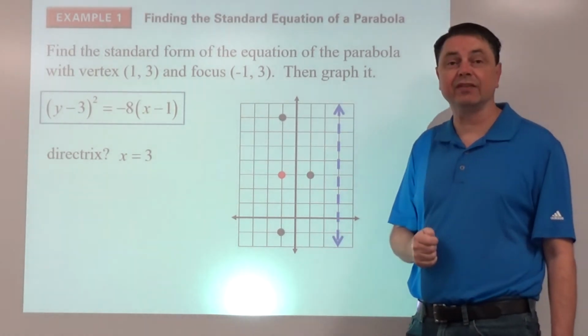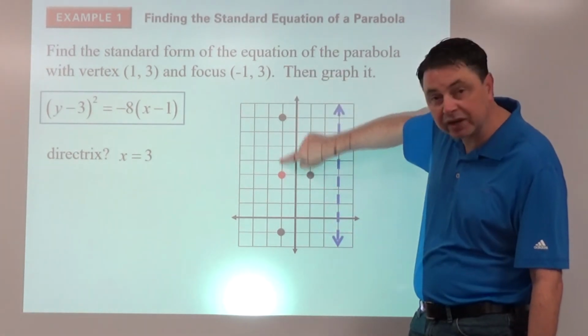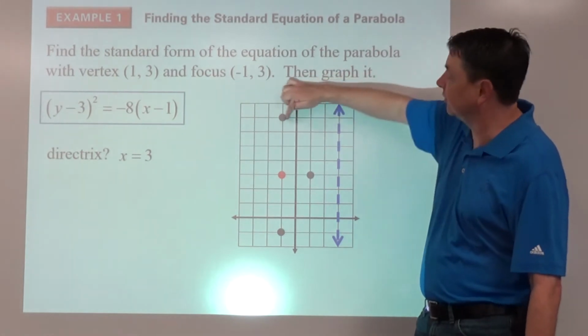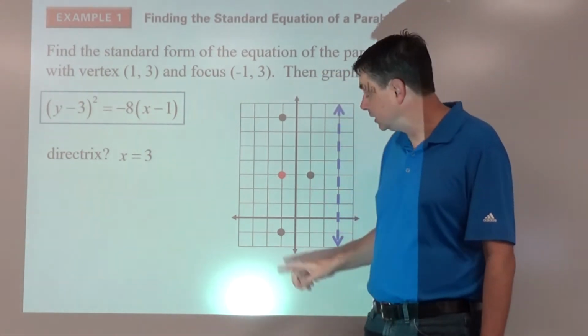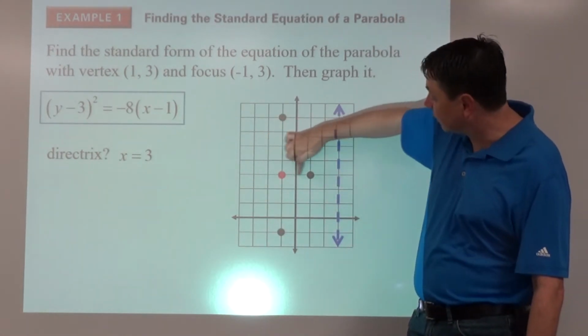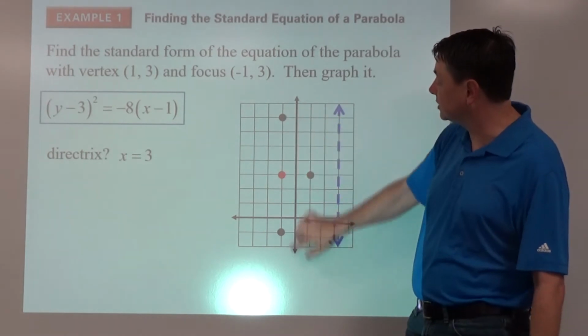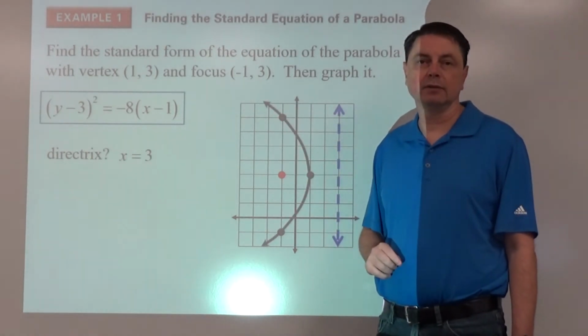That's just using the definition of a parabola, because that point is 4 away from the focus and it's 4 away from the directrix. If it's the same distance from both, it's got to be on the parabola. Same thing here, 4 and 4. So that's why we put them there. We counted 4 here, then we went up 4, down 4, and now we can draw our parabola.